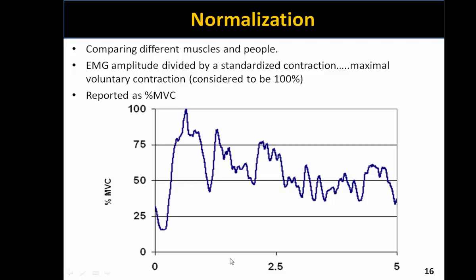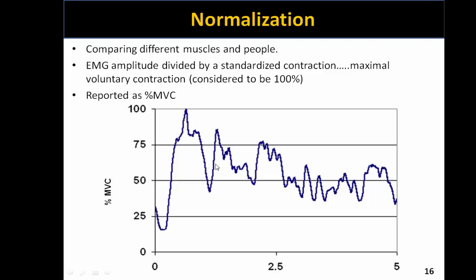As we see on this figure, the label here isn't indicated, but we have time along the x-axis, and we have a percent MVC. So this could be a person lifting weights in the weight room of a particular muscle, and we see that at some point that muscle is generating an EMG signal at a single instant that's equal to 100% of that muscle's maximal activation capability.